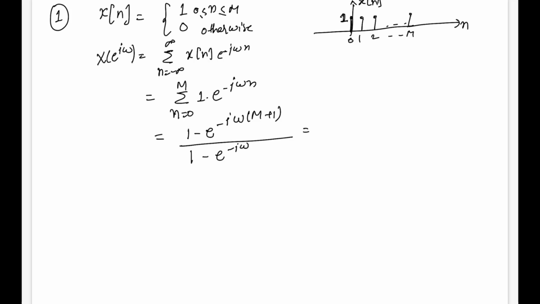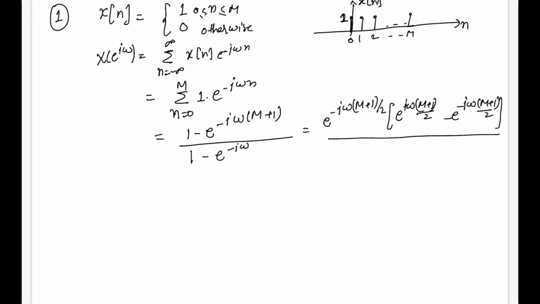Okay, so we take this factor common from the numerator and e to the power minus j omega by 2 common from the denominator.